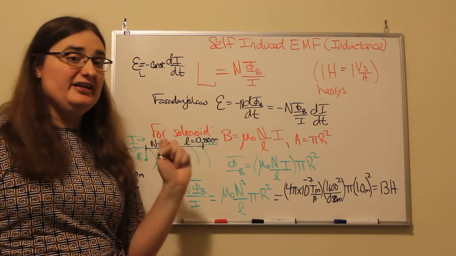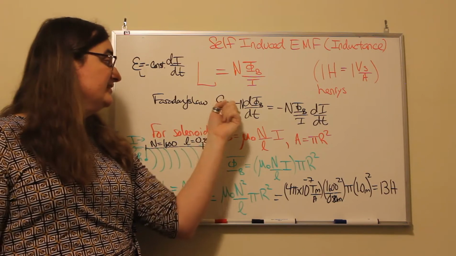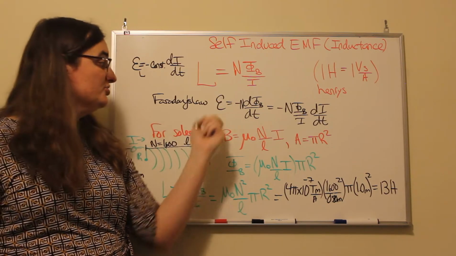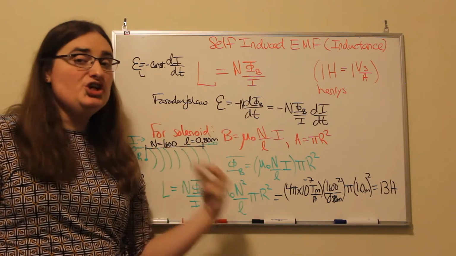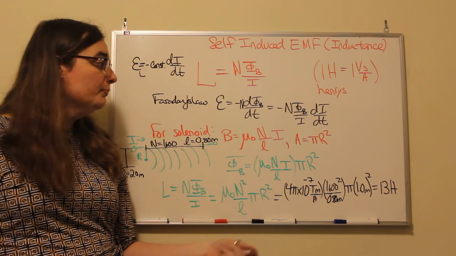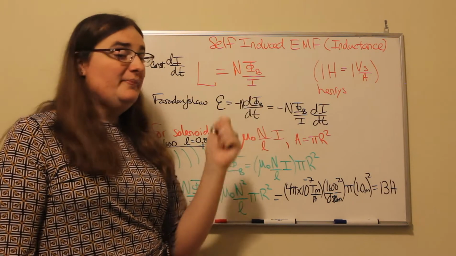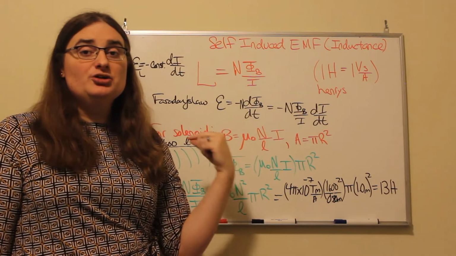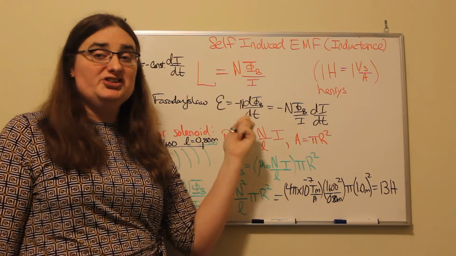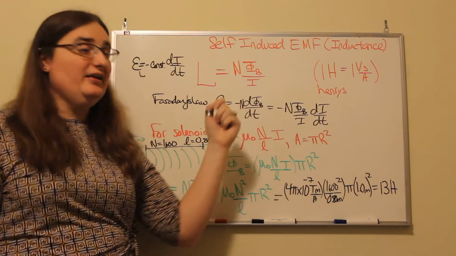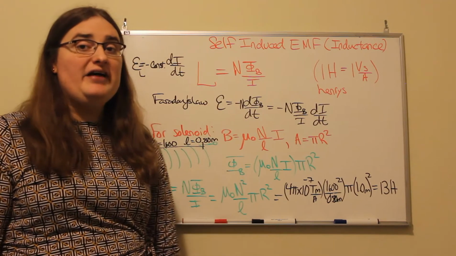So if we look at Faraday's law, it says the EMF that we see induced is equal to the number of loops that we have times the change in magnetic flux per loop. Well, the magnetic flux is something that's being created by the system itself. There's some current going through the system. That current creates a magnetic field through the area of that loop.